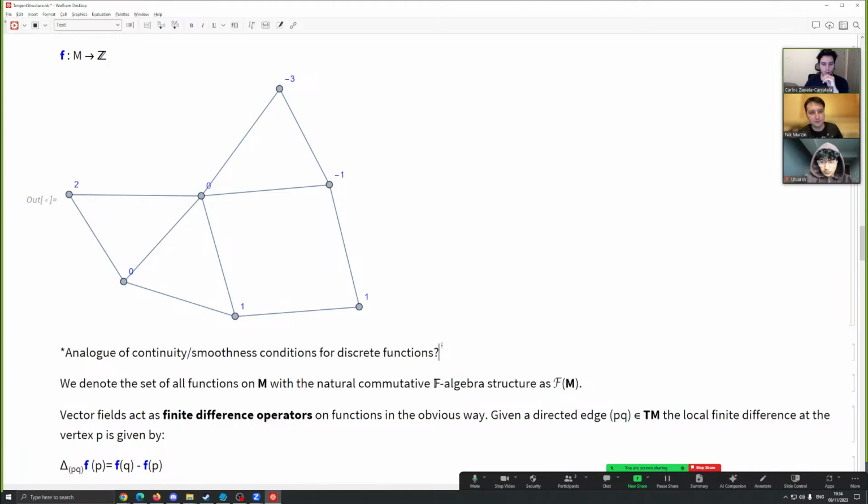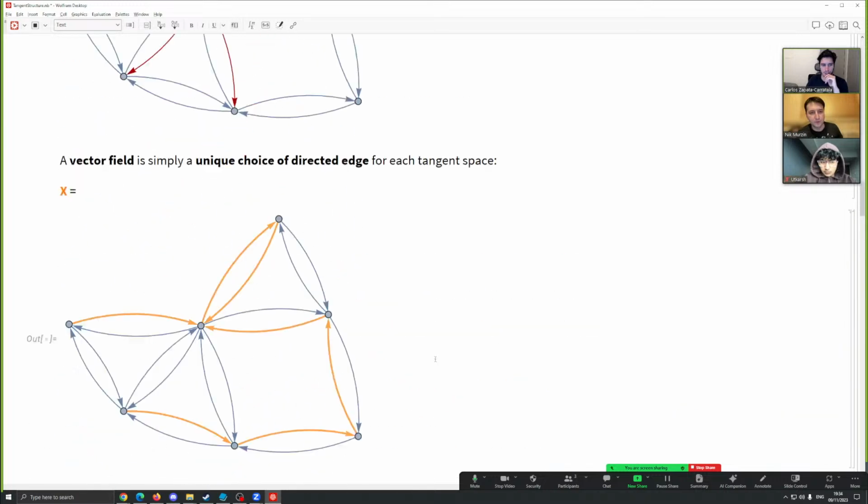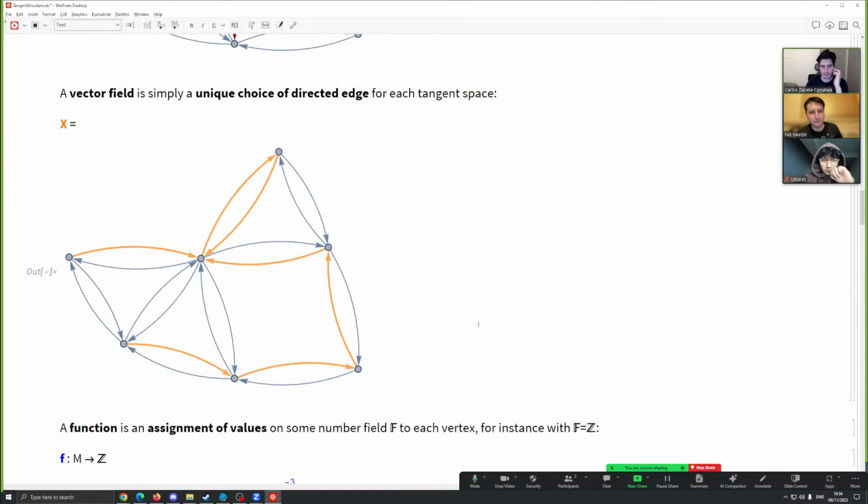So let me explain this point here. A vector field is an assignment of basically a subgraph, if you want to be very general. It's a subgraph of your tangent graph, let's call it.